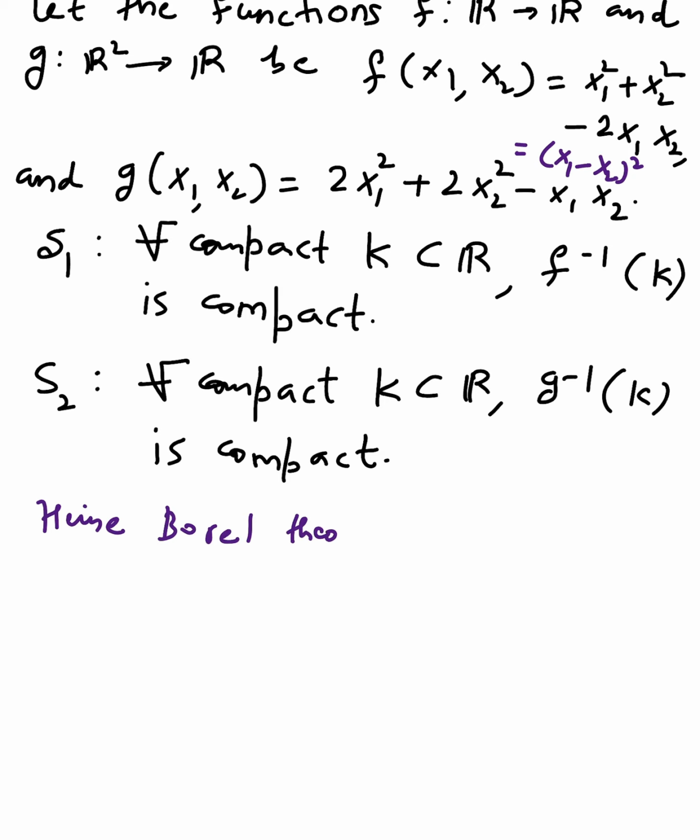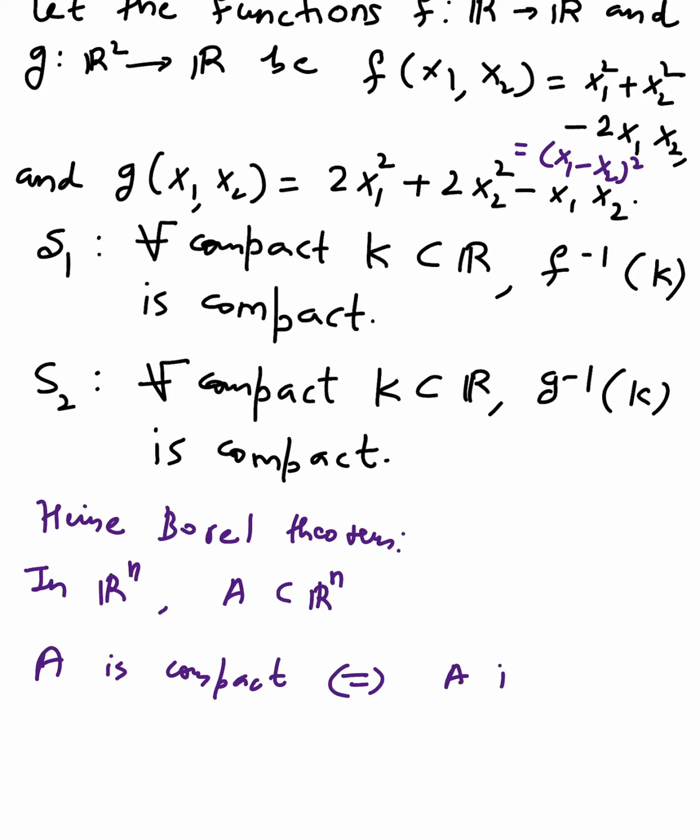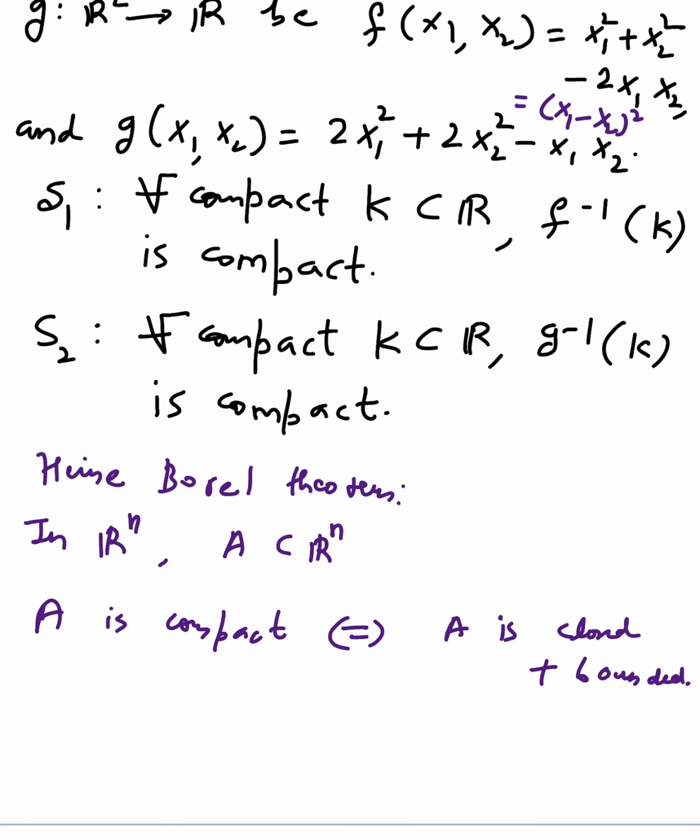The Heine-Borel theorem says that in Euclidean space R^n, a set A is compact if and only if A is closed and bounded. Okay, so we're going to use this statement.